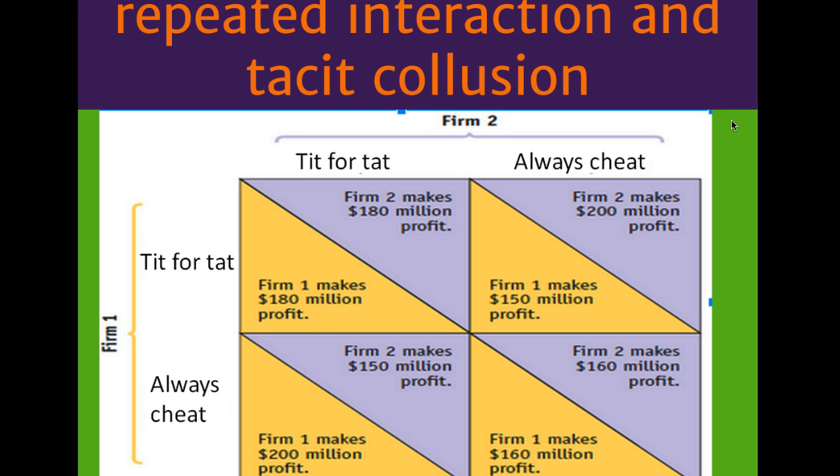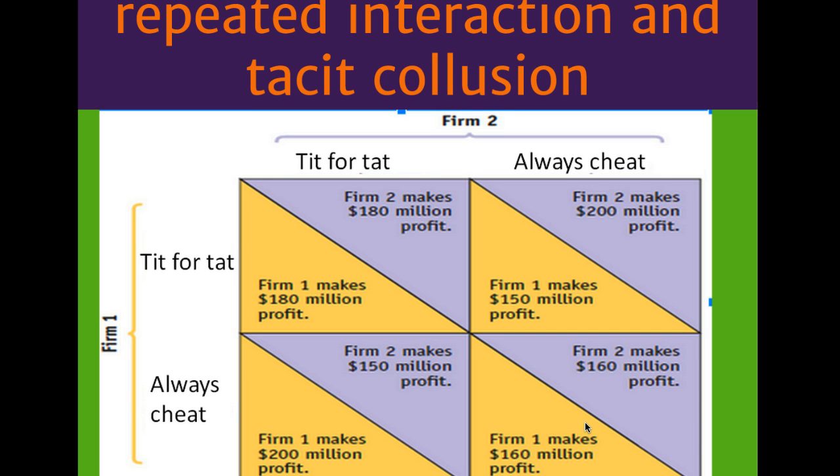If one firm plays tit for tat, and so does the other firm, both firms will make a profit of 180 million that year. So if both play tit for tat, they'll both make 180 million. If one firm plays always cheat, but the other plays tit for tat, then one will make a profit of 200 million the first year, but only 160 million per year thereafter.